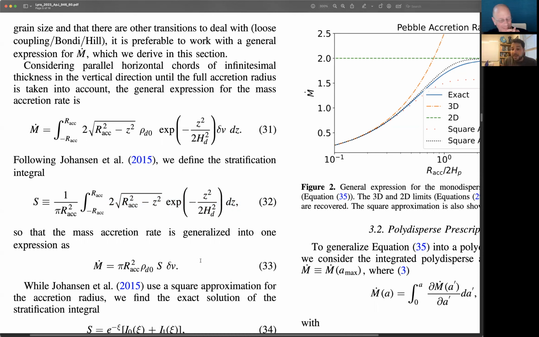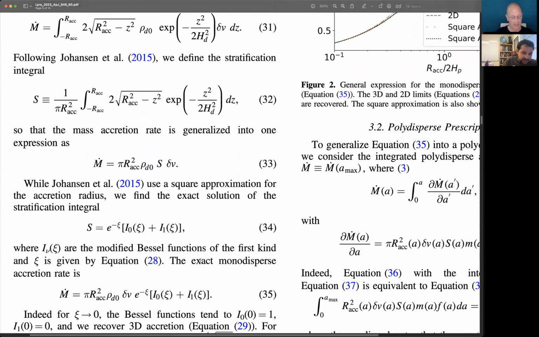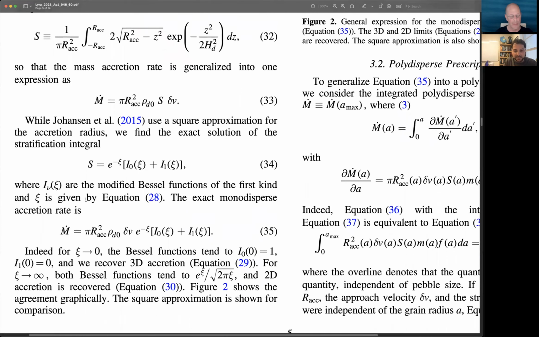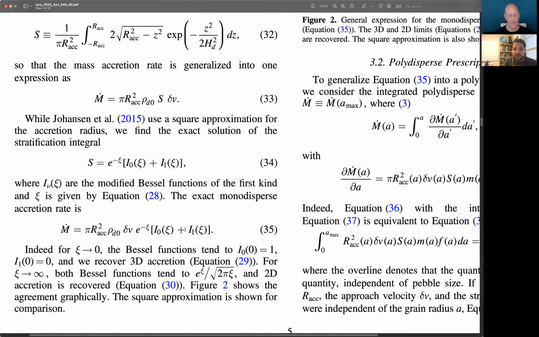Well, it turned out that it needs a special function. The solution for that is equation 34. Then if you plug it into the mass accretion rate, you find equation 35, the total mass accretion rate. This I0 and this I1 are Bessel functions of the first kind. So you wouldn't put that in a basic calculus course.